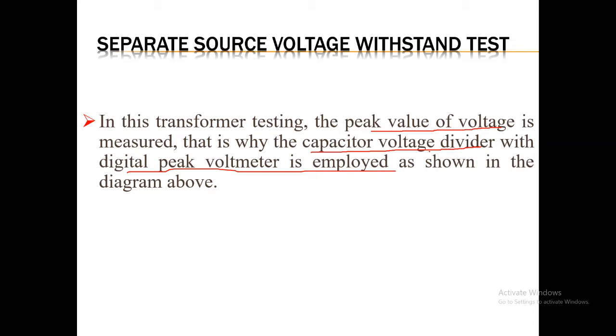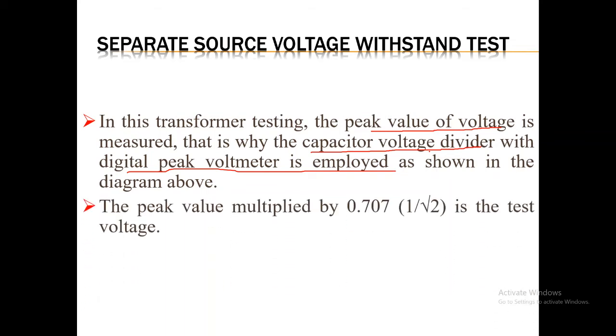Because if the breakdown takes place, then we can say the sample will fail, and you know that the breakdown of the insulation always takes place at the peak magnitude of the voltage. So we cannot use the resistance potential divider because it gives the RMS value. So to measure the peak value of the voltage, the capacitor voltage divider is highly suggested. So the peak value multiplied by 0.707 is the test voltage.